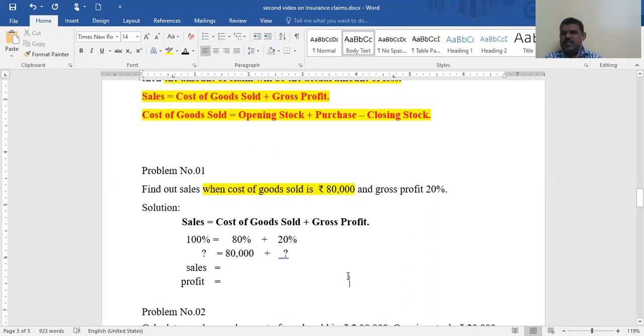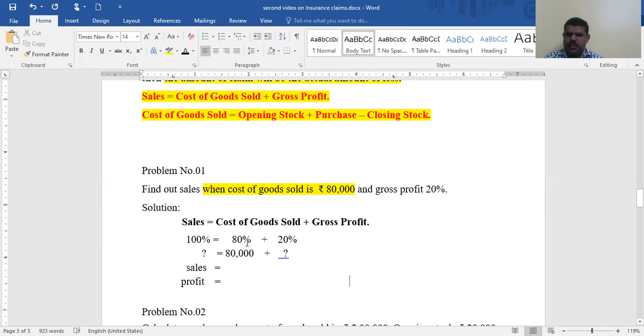Then we need to ask a small question to ourselves. If 80,000 is equal to 80%, then how much will 20% be equal to, or how much will 100% be equal to? I hope you are understanding this point, because 80% is the cost. For 80%, what is the amount they have given? 80,000.